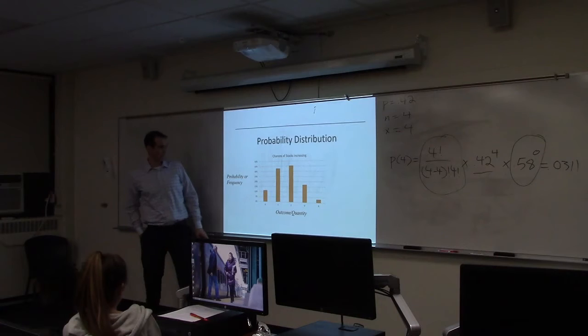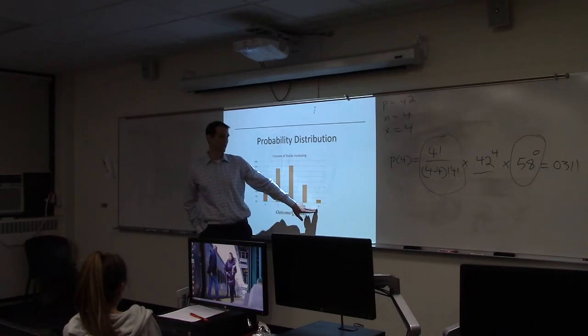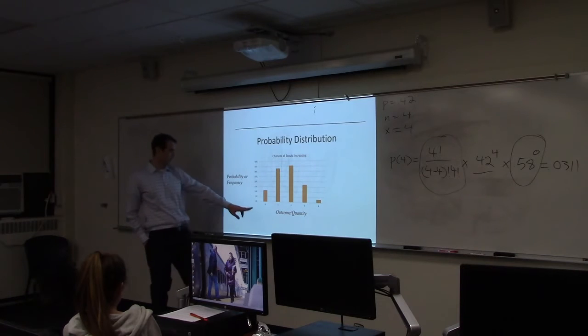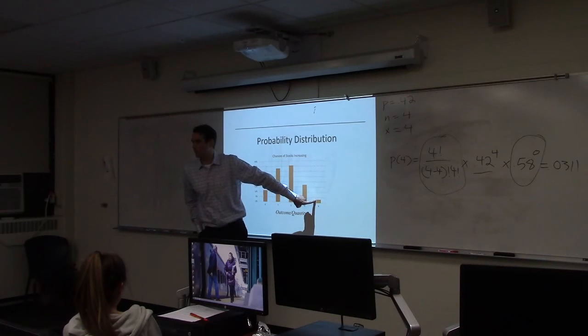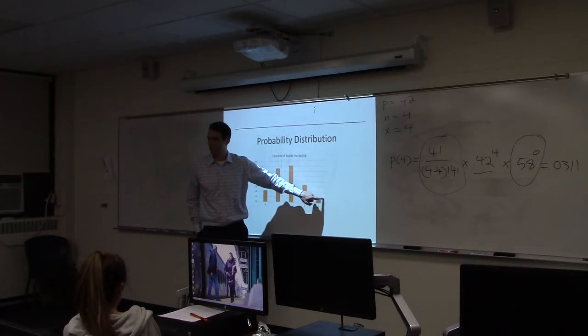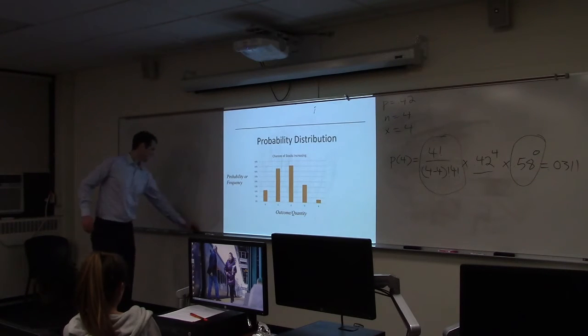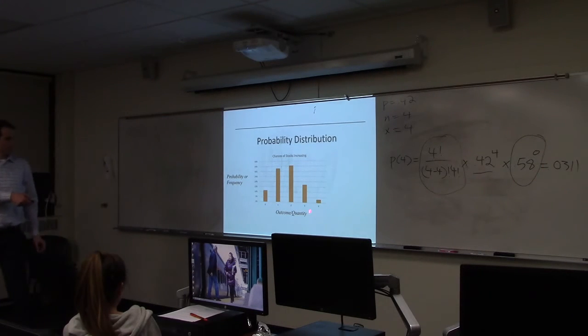You just calculated the chances of all 4 stocks increasing. Looking at the graph, it's about 5%, so that looks about 3.11%. You believe me, right, that this is 3%? The chances of all 4 stocks increasing is about 3%.